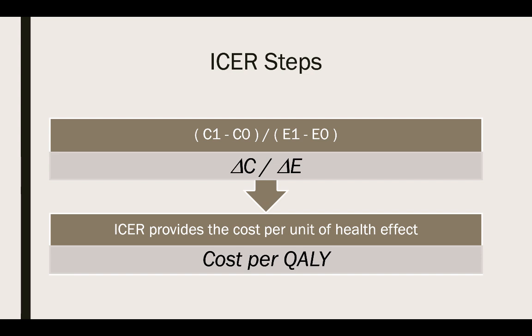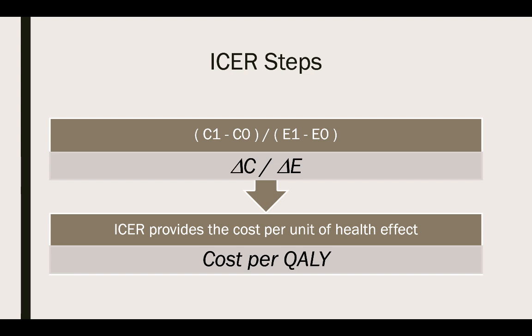So the change in cost over the change in effect is our formula to get our cost per quality adjusted life year. That's really what our ICER, our incremental cost effectiveness ratio, does for us: it gives us the cost per unit of health that we are producing.